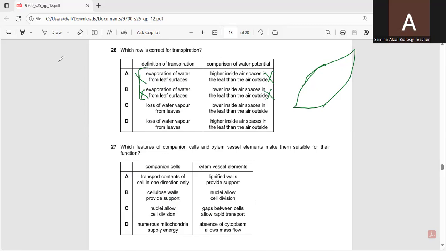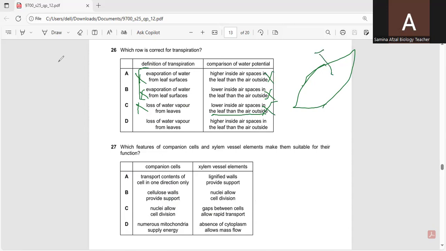Lower inside air space: if the water potential is higher inside, then it will be lost into the air, or evaporate into the air. So according to this, C is not the correct option. And we will go with D, loss of water vapor from leaves, higher inside air spaces in the leaf than the air outside.